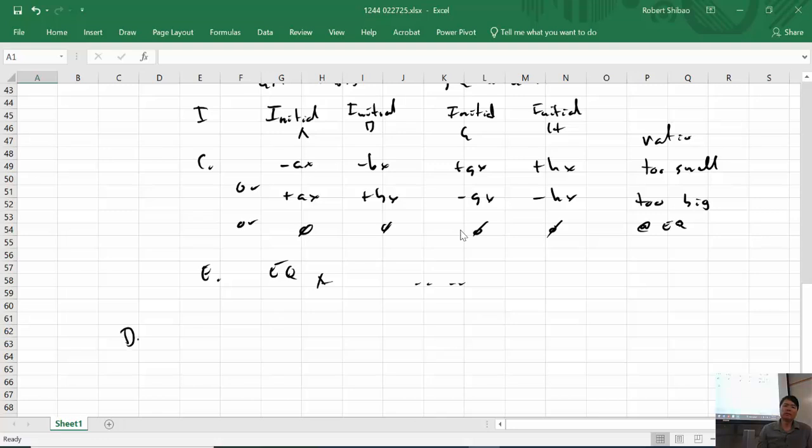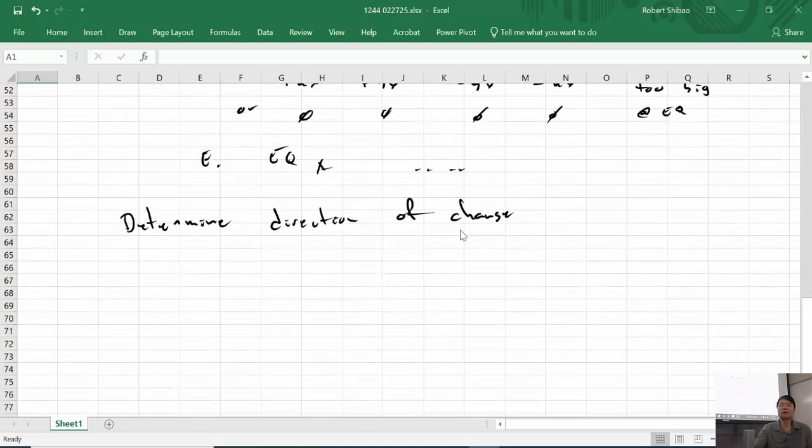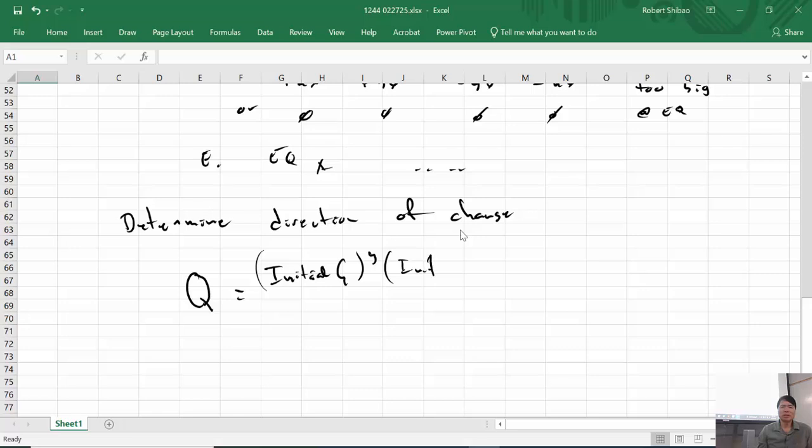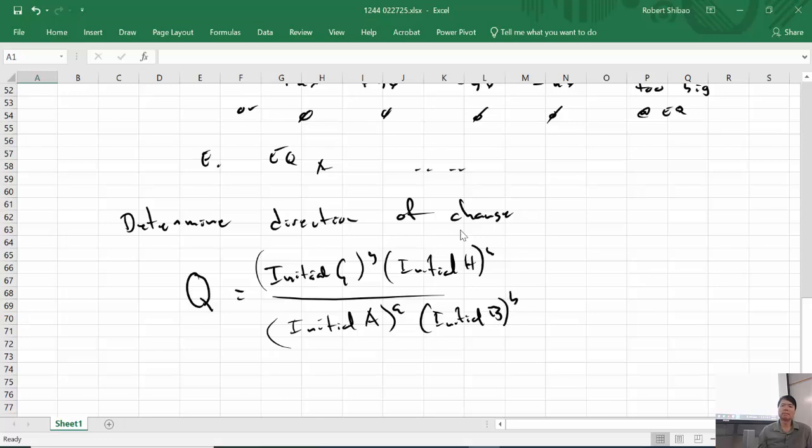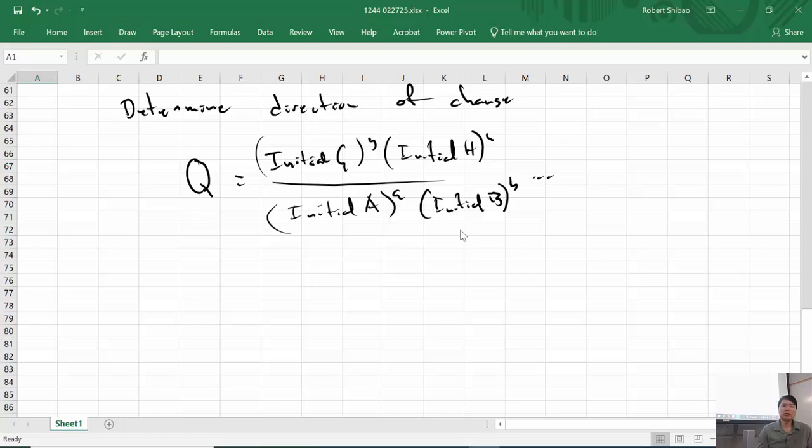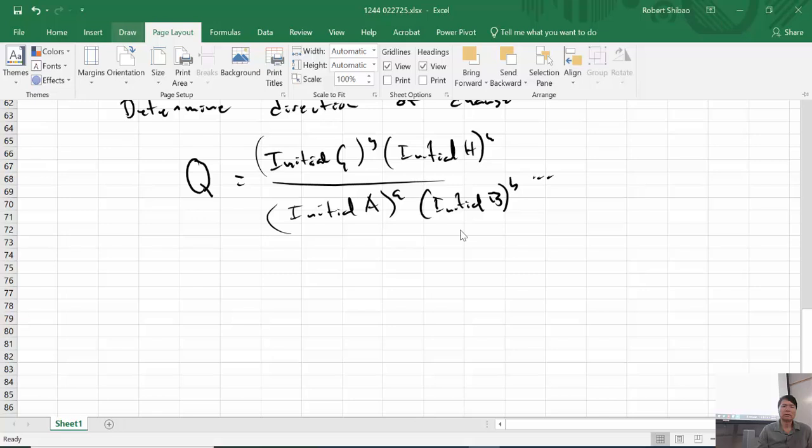And so what we do is we determine the direction of change by calculating something called Q. Q is the initial G raised to the G, initial H raised to the H, over the initial A raised to the A, initial B raised to the B. Initial here refers to the initial whatever concentration.